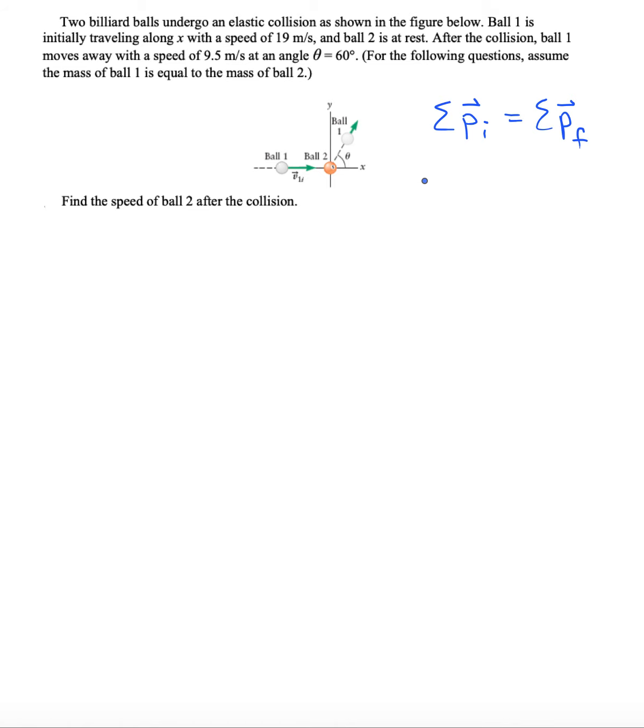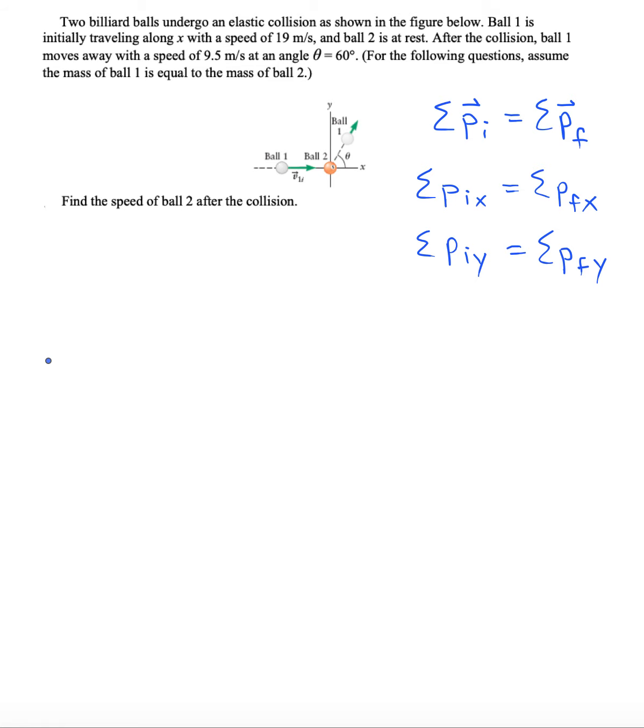This implies that the sum of the initial momentum in the x direction will equal the sum of the final momentum in the x direction, and similarly, the sum of the initial momentum in the y direction equals the sum of the final momentum in the y direction. That's what we're going to work with in this problem.